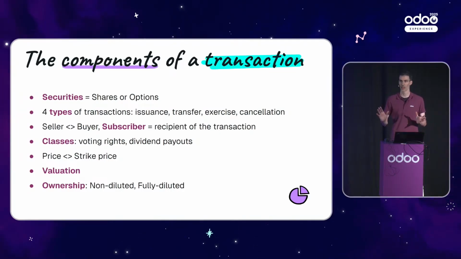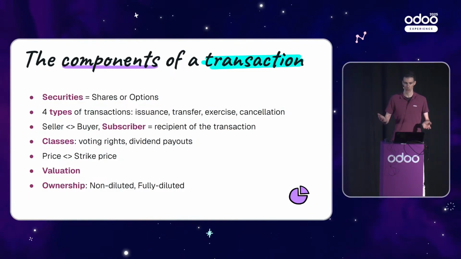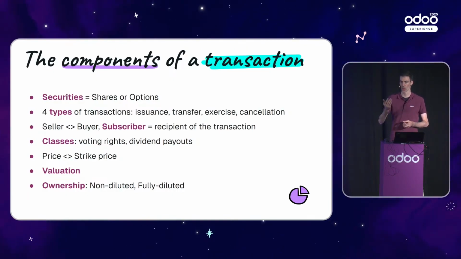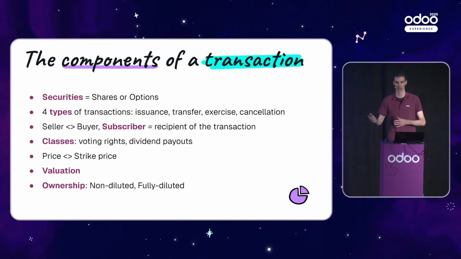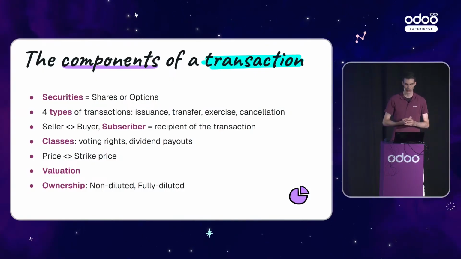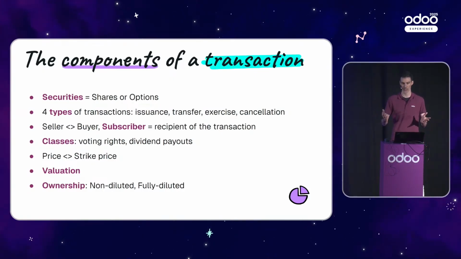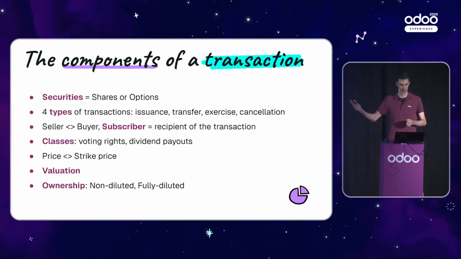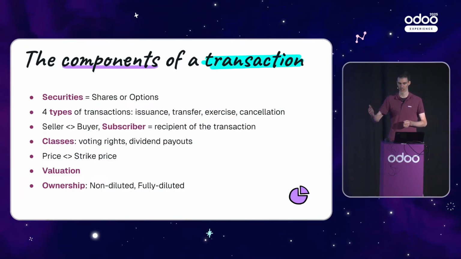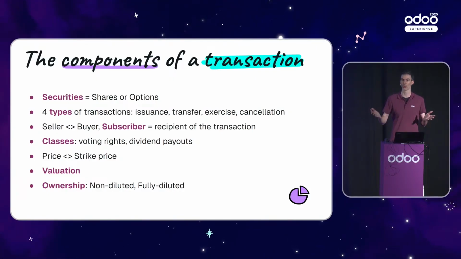The next concept has to do with seller and buyer. Obviously, when you transfer a share, it's going to be a seller selling its shares to a buyer. It's fairly obvious. But there's only two parties in the case of a transfer. For all three other types of transactions, like issuance, exercise, and cancellations, there's not two parties.